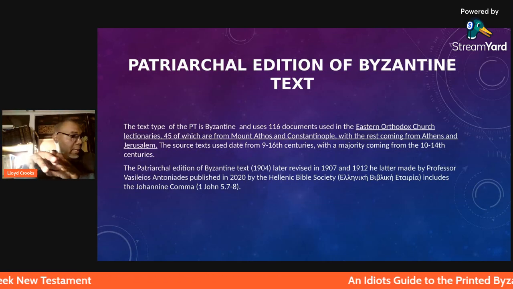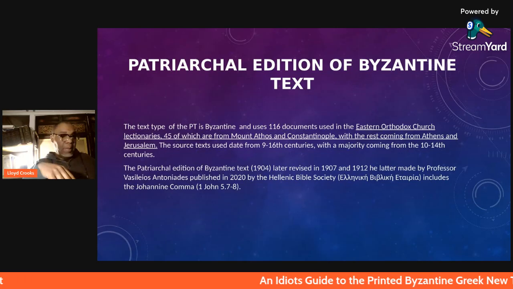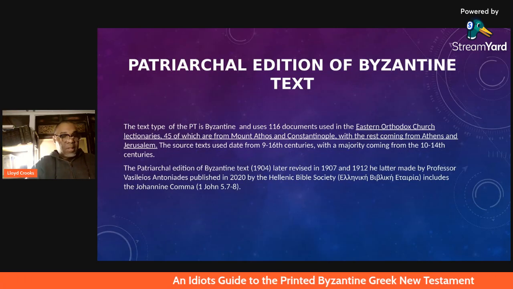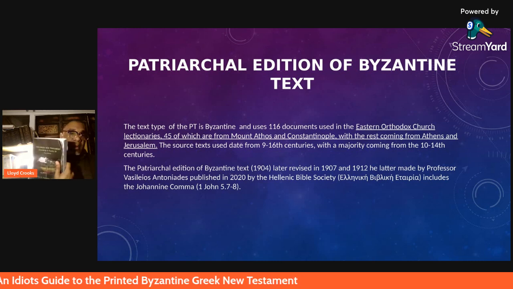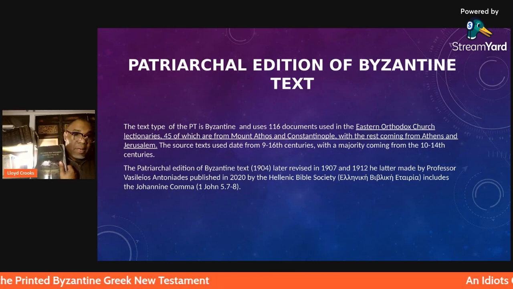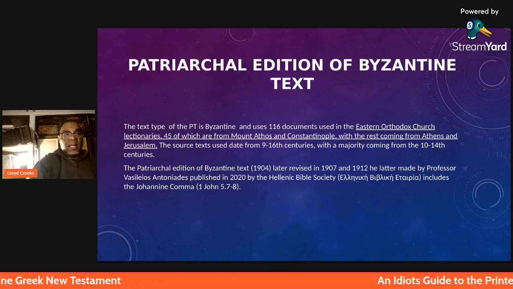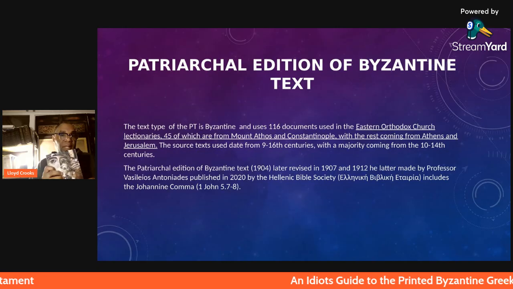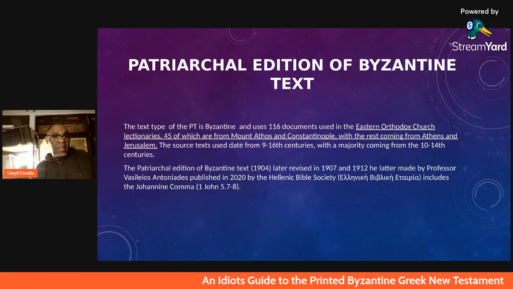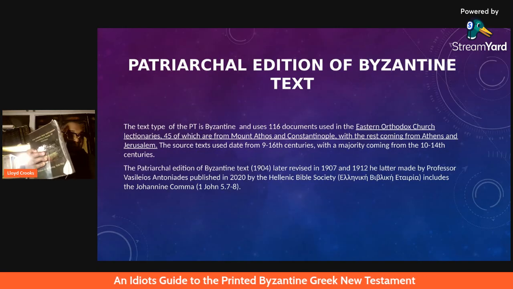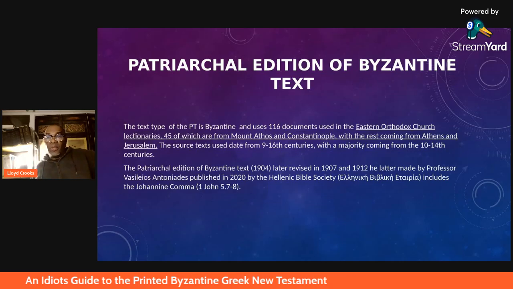Now, this is why I would disagree with KR being a revision, because if that was the case, the patriarchal text would be based on family KR, family 35, rather than lectionaries. If it was standardized, this would be the standard document for the Greek Orthodox Church.